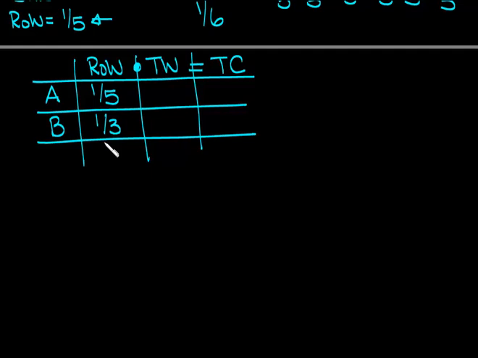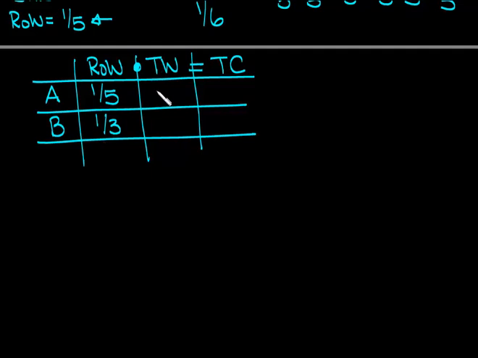Now you start both the machines and they both start working together, and at the end of some time they would have both finished the same job, right? Each one is doing part of the job, and together at the end of a certain time the job would be done. If they work together, they're working for the same amount of time, because they both start at the same time and keep working till the job's done.